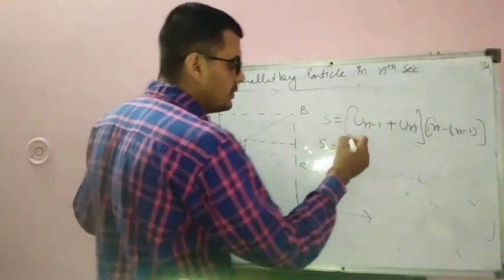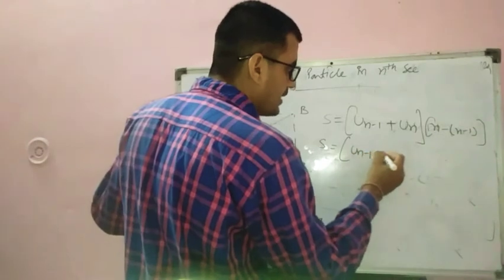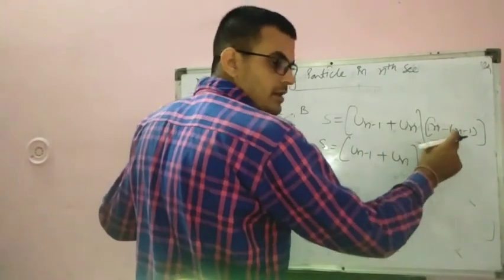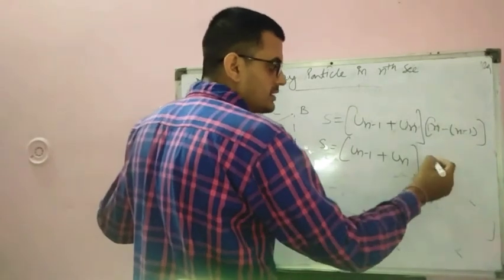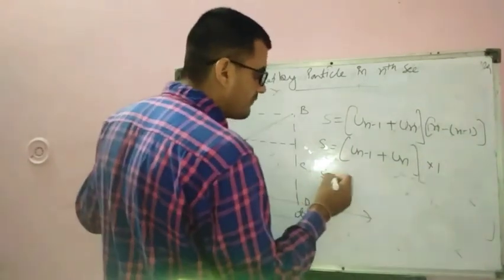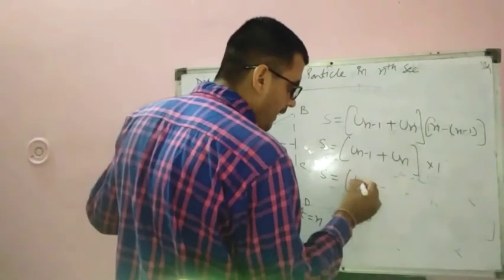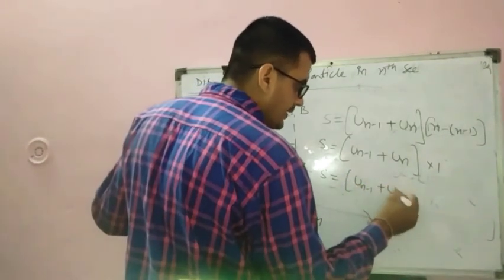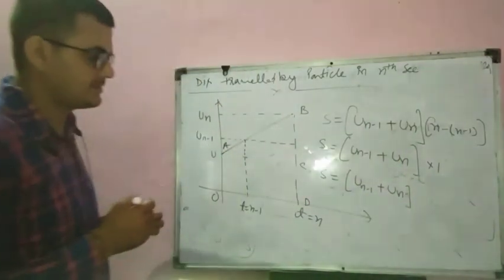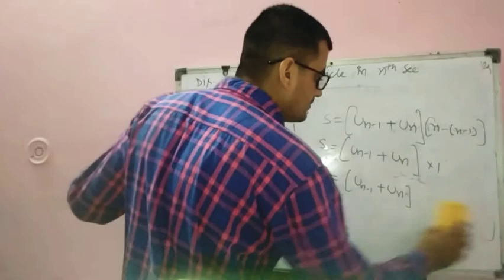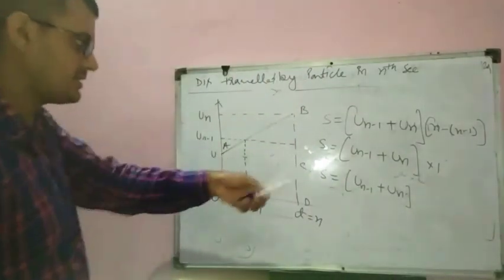So s equals v(n-1) plus vn, and we can cancel, it will be 1. So finally we have v(n-1) plus vn. Now what is vn?